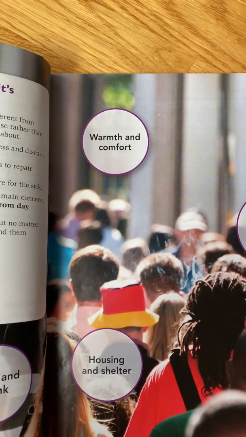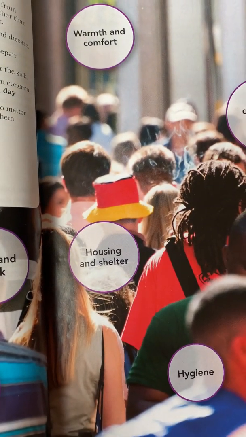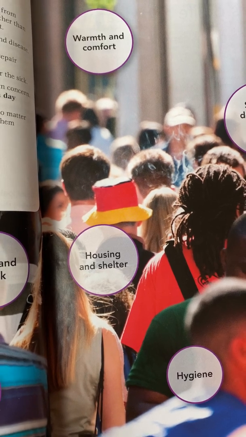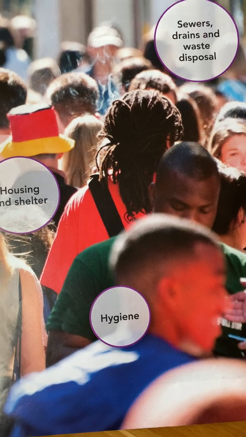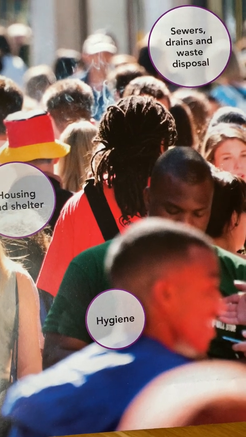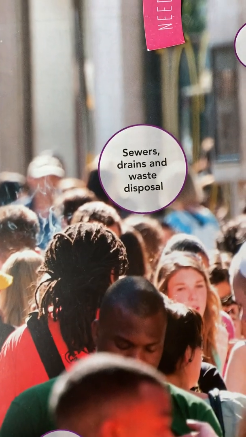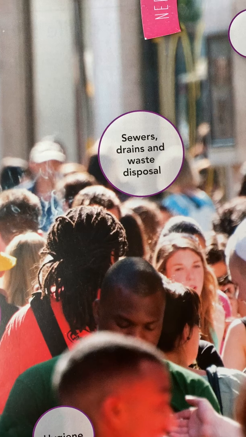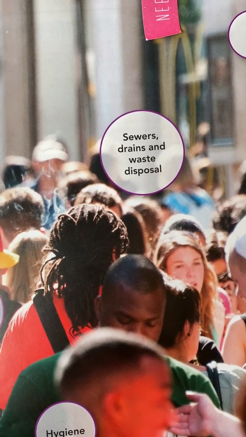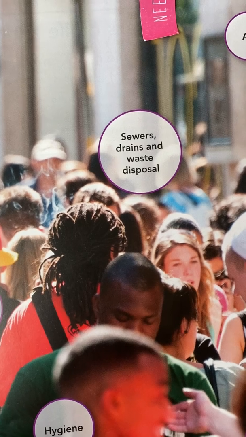Warmth and comfort. Well, those homes aren't going to be great for a very long time. Links obviously onto, again, housing and shelter. Different types of housing for different types of people. Hygiene, washing yourself. Right, obviously, again, different attitudes about that all the way through. Sewers, drains and waste disposal. Massively changes, right? Think about what you've got in your home today to what they had obviously in their homes in the medieval time period.